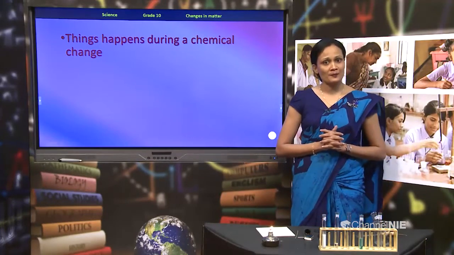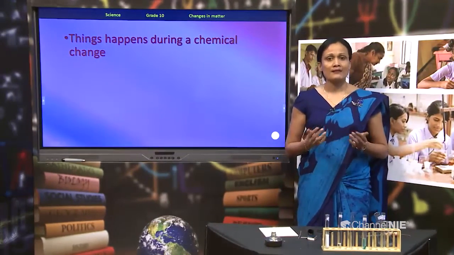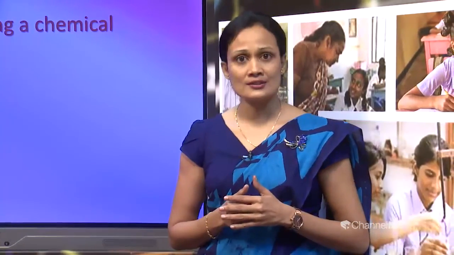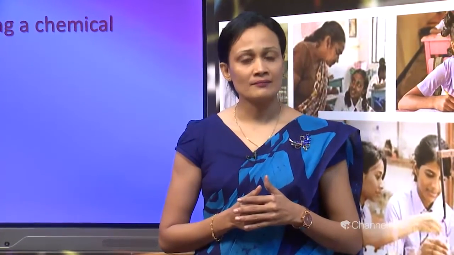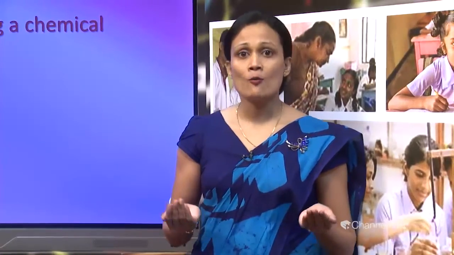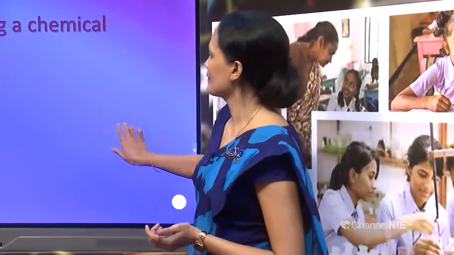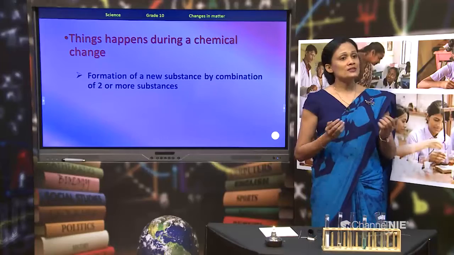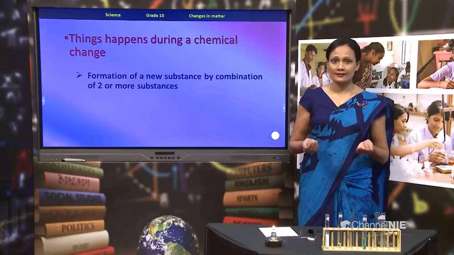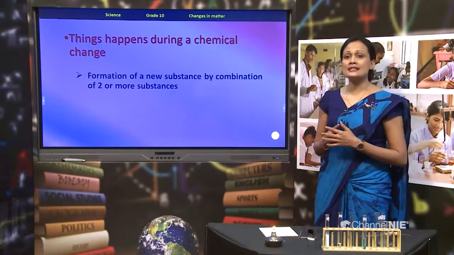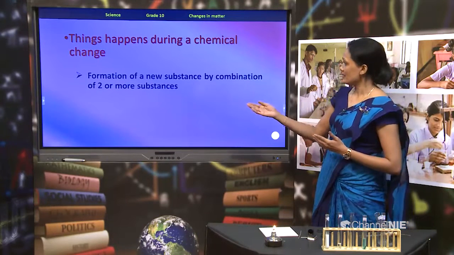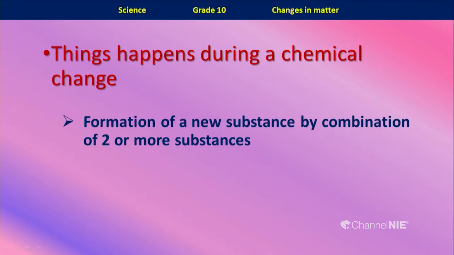In these experiments, we learned there are different chemical reactions that occur in matter. In some reactions, two or more substances are reacting and forming a single compound. That means formation of a new substance by combination of two or more substances.